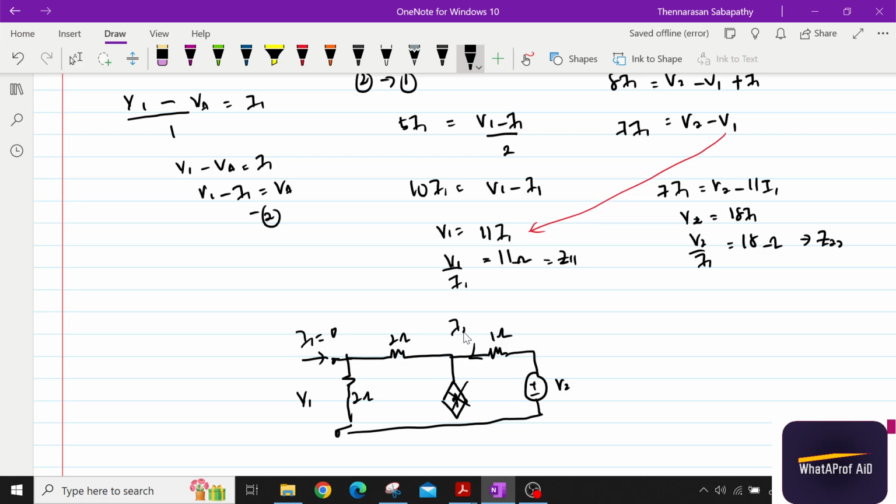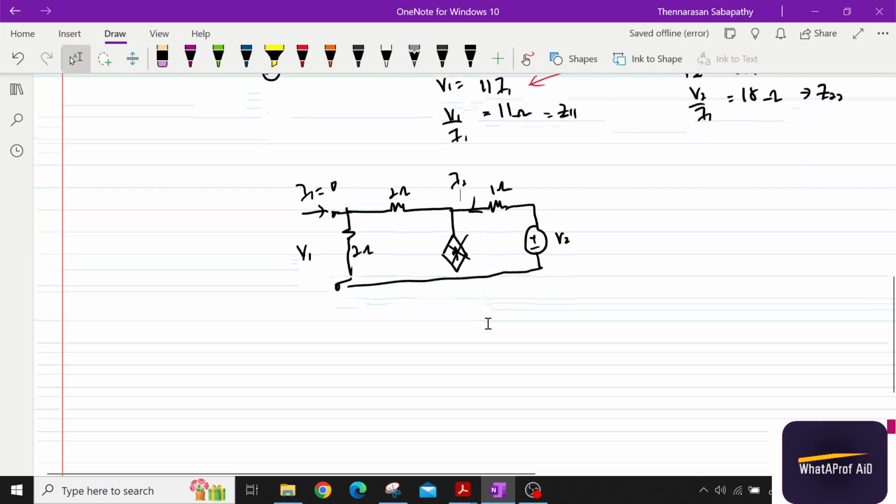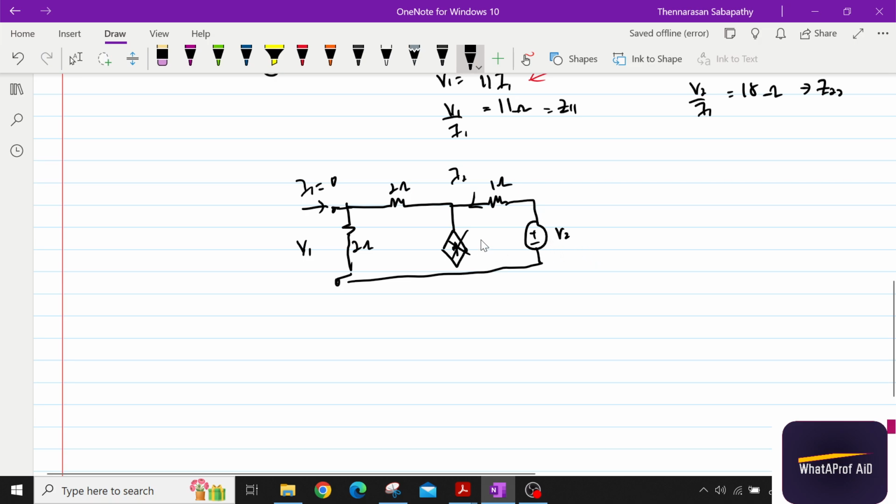This is I2. Actually you can have a single loop for this circuit. So here you can write the loop equation: minus V2 plus I2 times 1, plus I2 times 2, plus I2 times another 2, equals to 0.